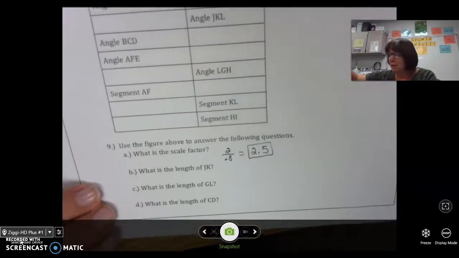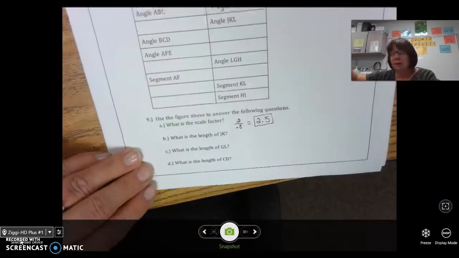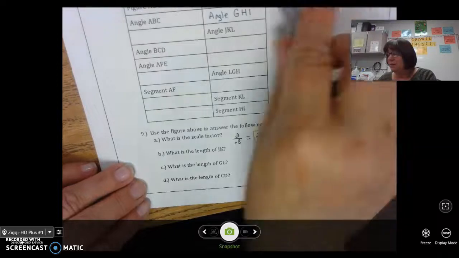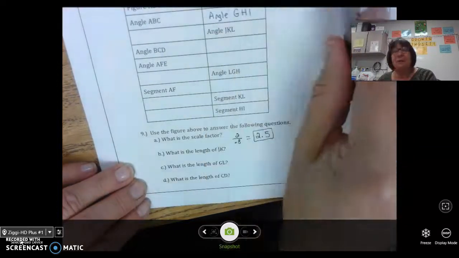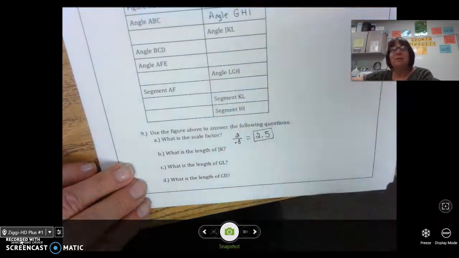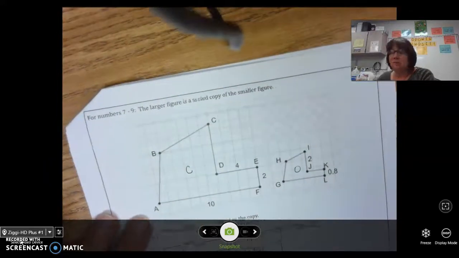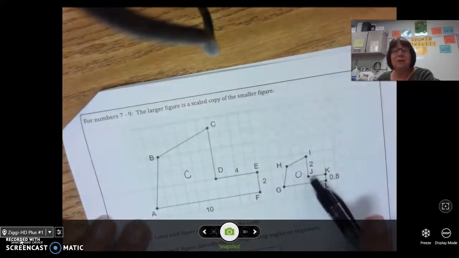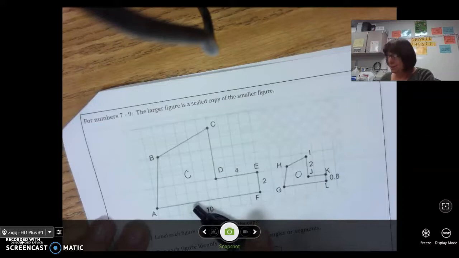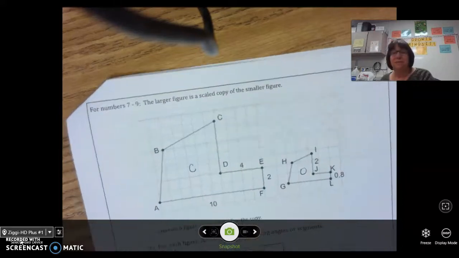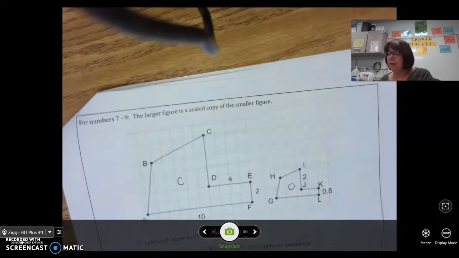Keep in mind which lines should be bigger. The ones over here should all be smaller than the ones in the copy, because the copy's bigger. So kind of use common sense there as you're doing that.